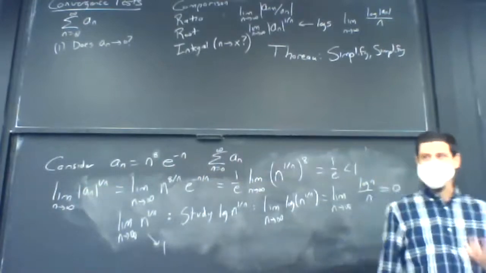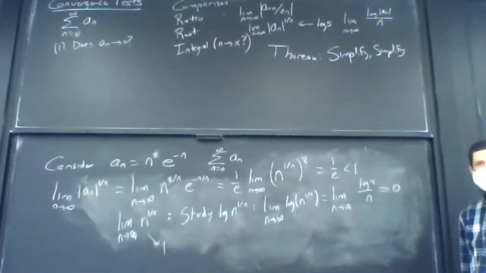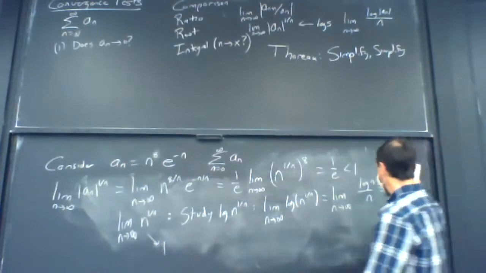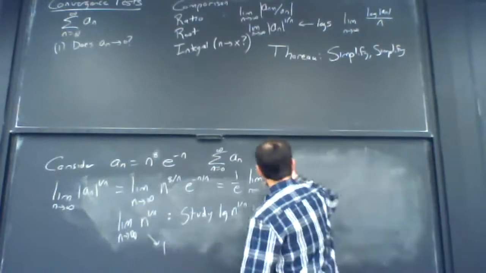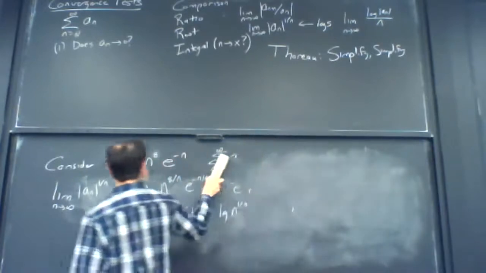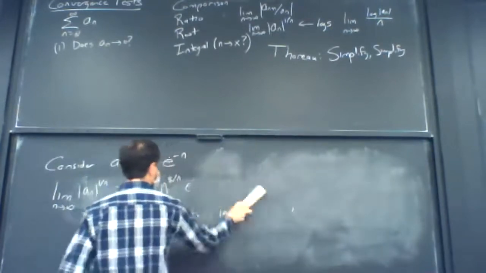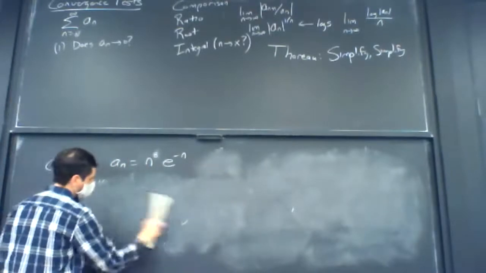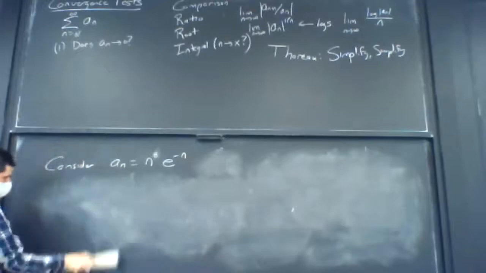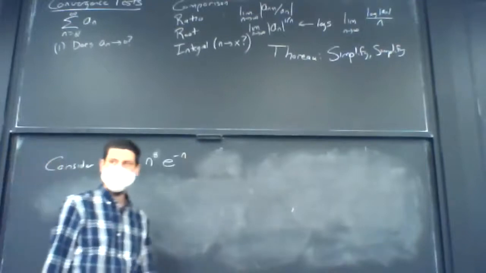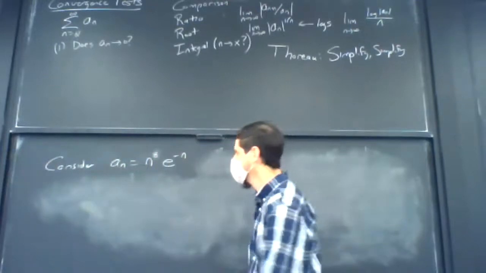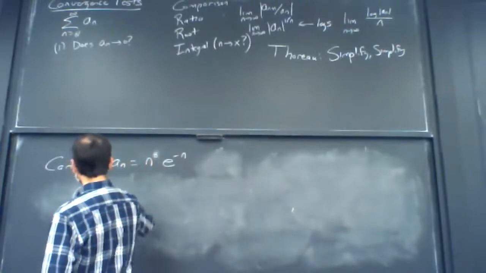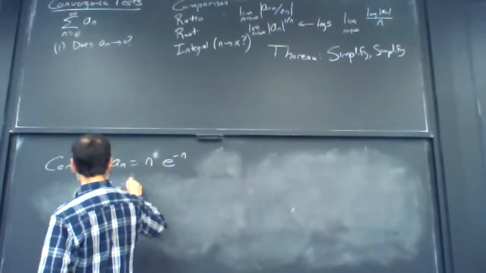All right, so the last for a clean sweep is to prove this now with the integral test. So we would have to find a good function. And so that's going to be a little bit more painful. So I can give you a_n is n to the 8 e to the minus n.